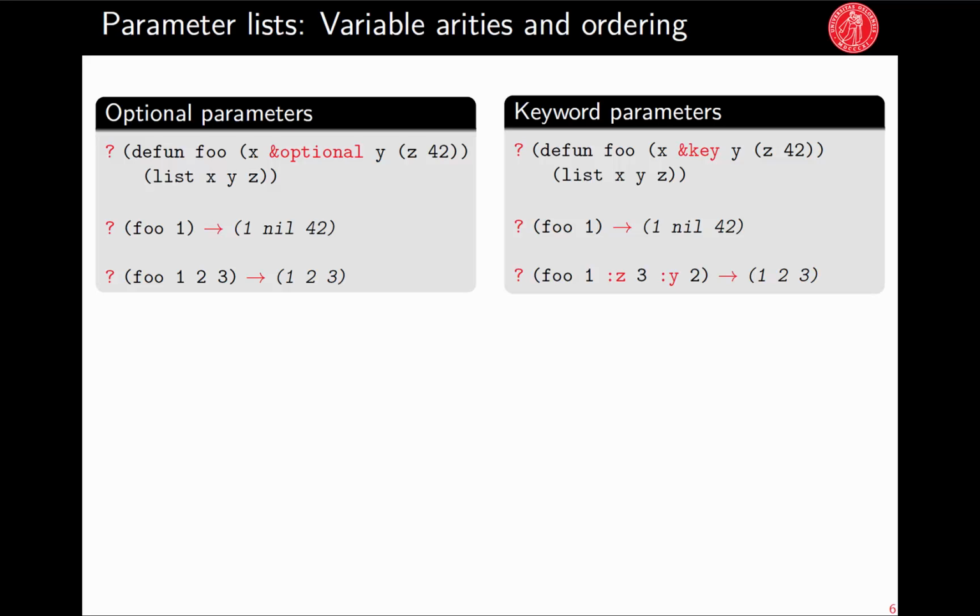And notice that that means that we don't have to worry about the order of the arguments. They don't have to be provided in the order that they're given in the parameter list. We're now free to give them in any order we want because they're named. This is also nice if you have procedures with long lists of possible parameters, because it makes the code more readable.